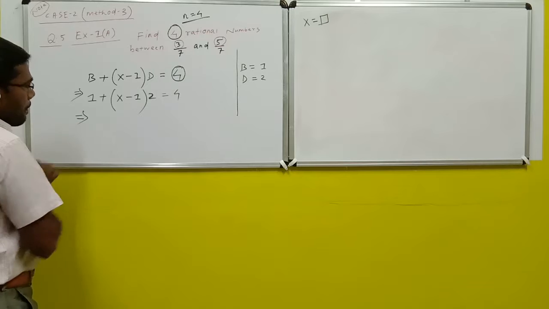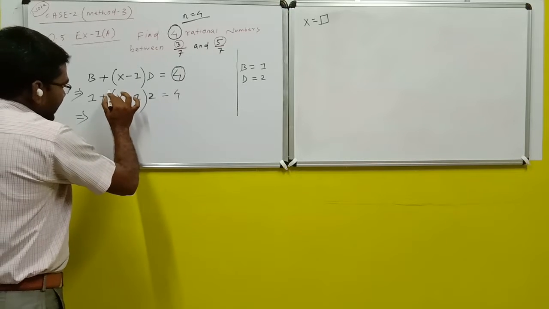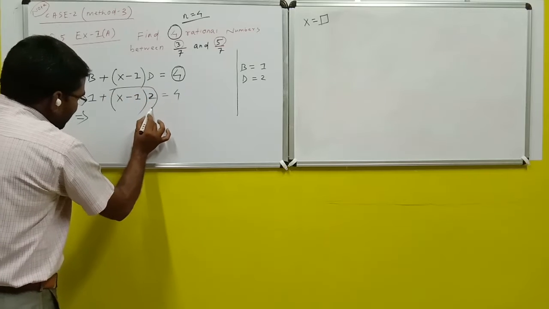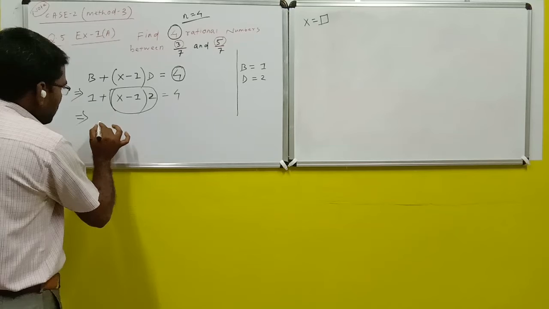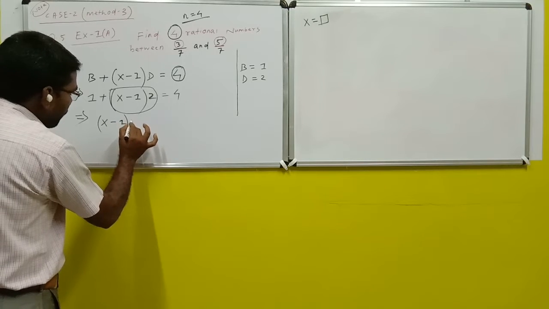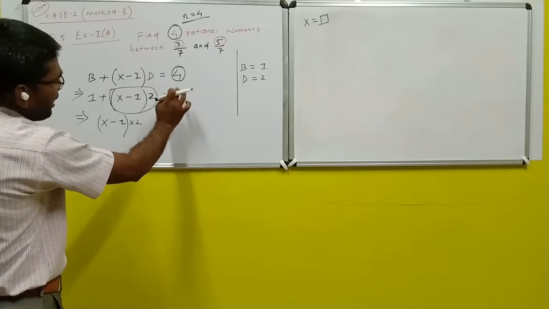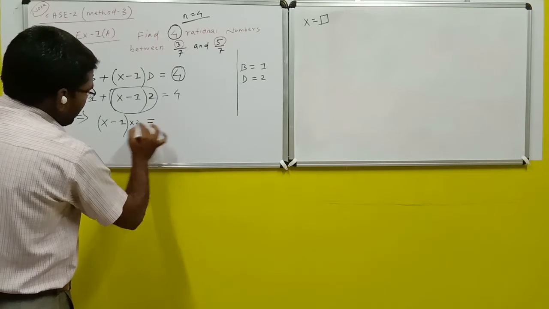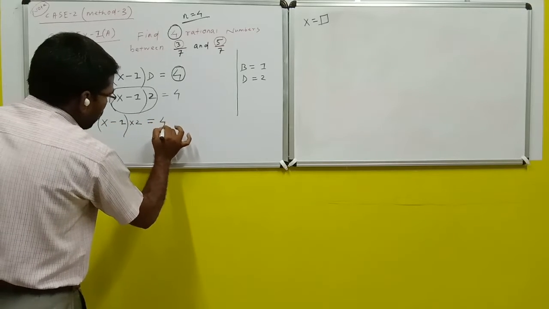That implies, इसका वैल्यू, it means x minus 1 into 2. इसका वैल्यू फाइंड आउट करने के लिए 1 will be subtracted from 4. It means x minus 1 into 2 will be equal to 4 minus 1.